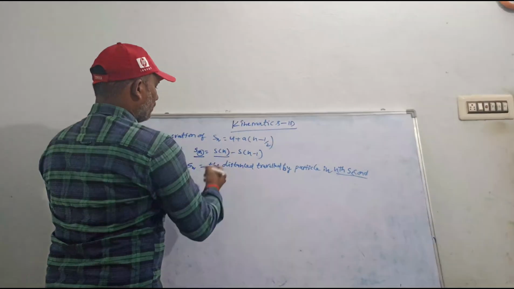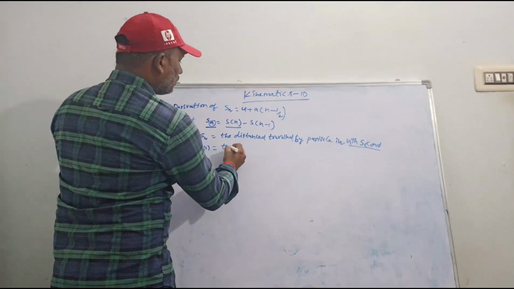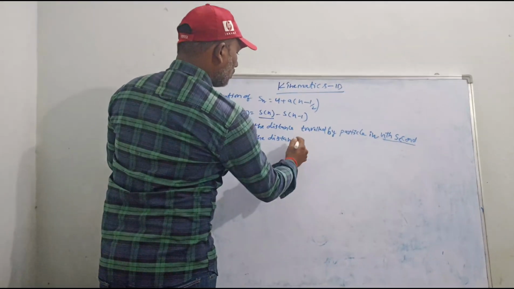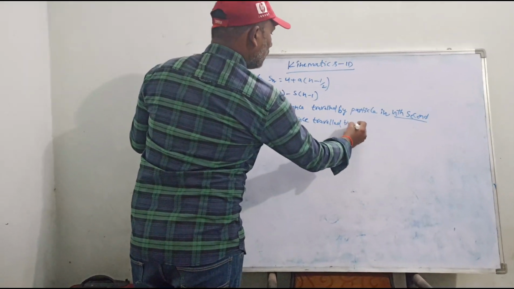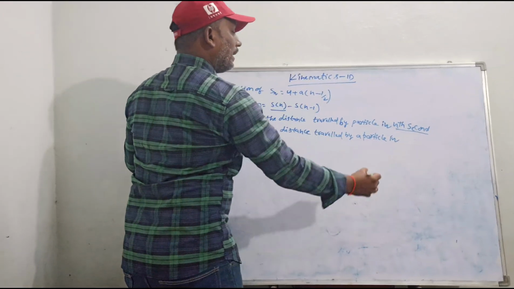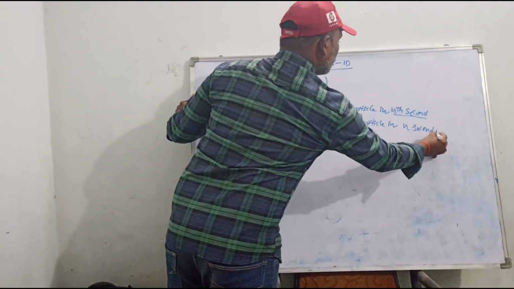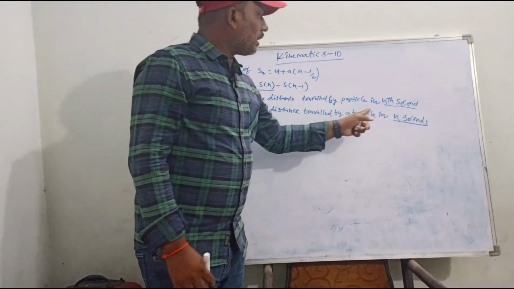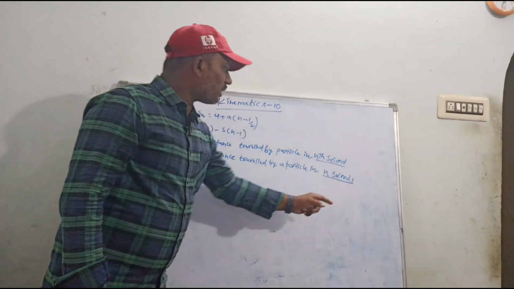Now what about S of n? S of n is the distance traveled by a particle in n seconds. So that is the difference. So this is n seconds. Keep in mind guys, this is Sn, that is nth second. S of n means what here? N seconds.